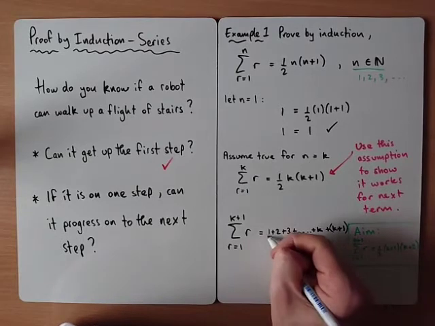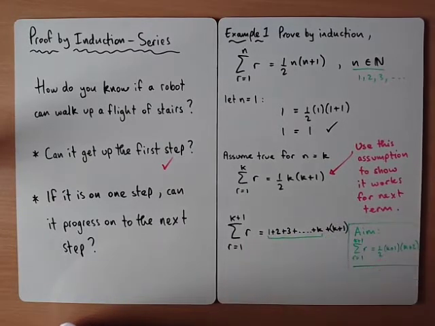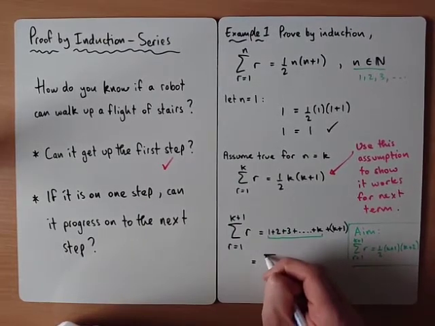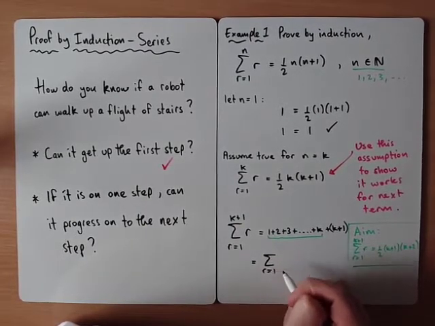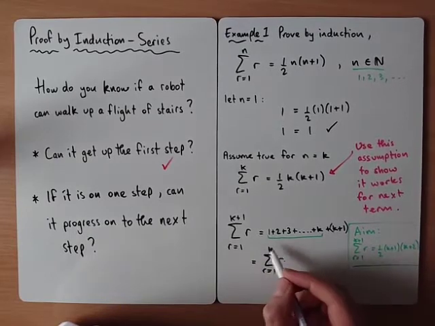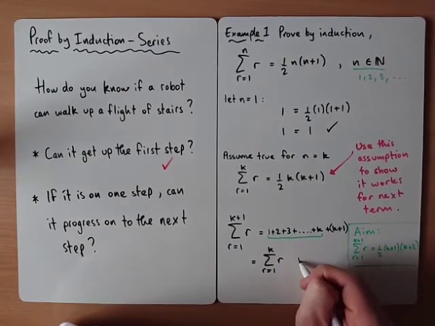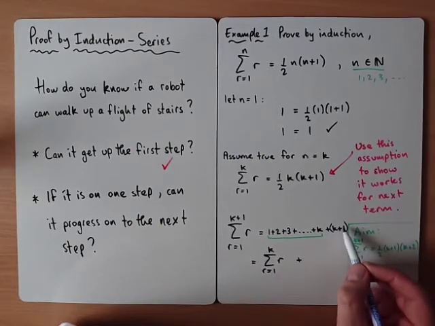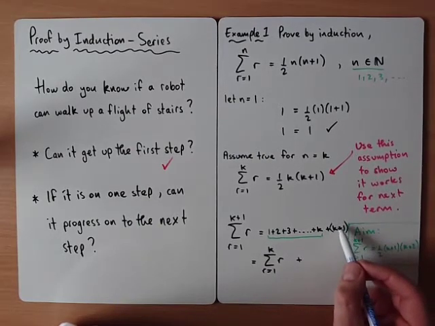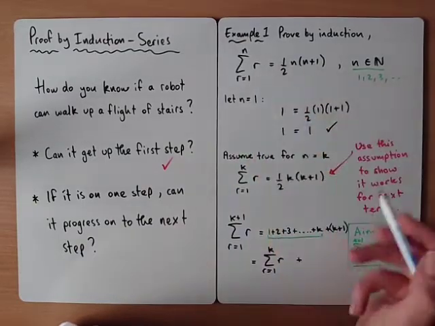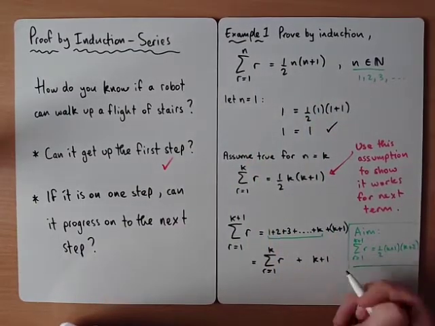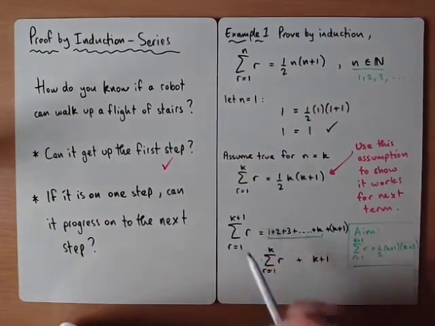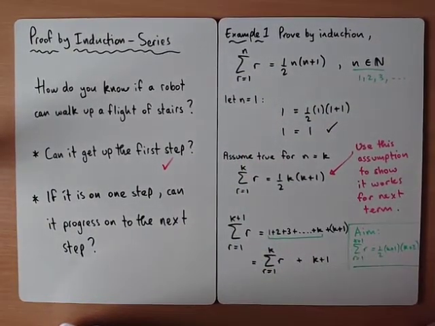So the key thing that we can spot here is that would be the same as the sum of the first k terms plus the next term in the sequence. And the next term in the sequence for this question is just k plus 1, because the terms themselves are just the natural numbers.